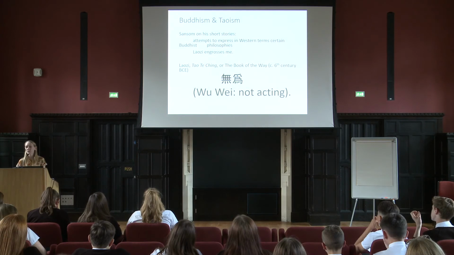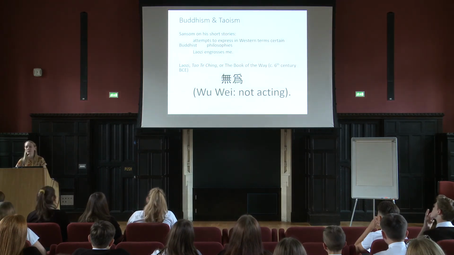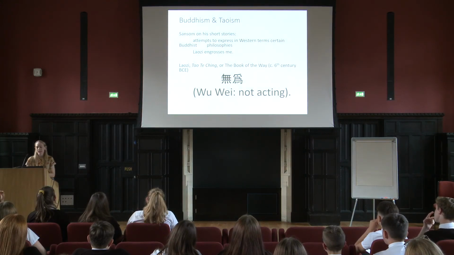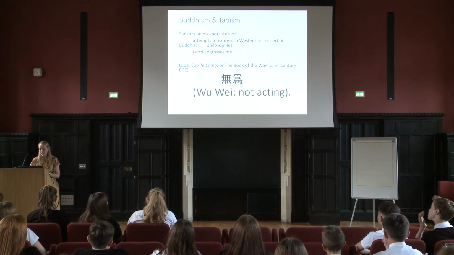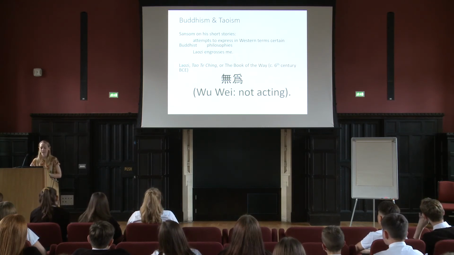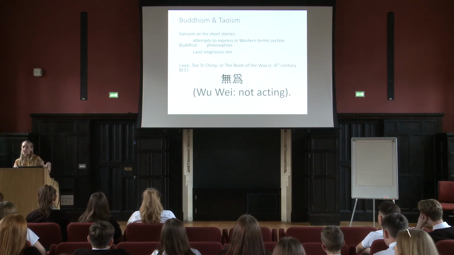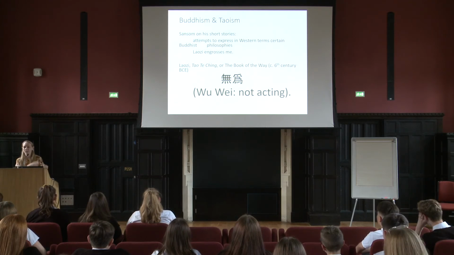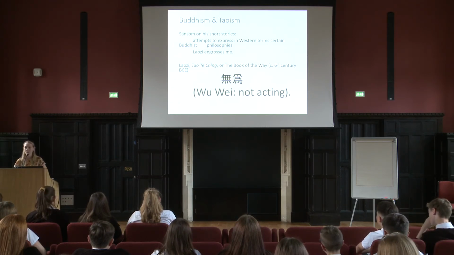Because Sansom also engaged very much with Buddhist thought, and also Taoist thought. So he explained his short stories as, this is a quote from him, attempts to express in Western terms certain Buddhist philosophies. And then he went on to say that the sage Laozi, who was associated with the parallel religion and philosophy Taoism, Laozi engrosses me.